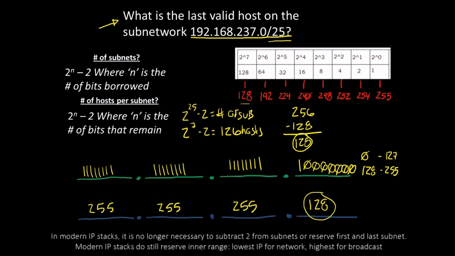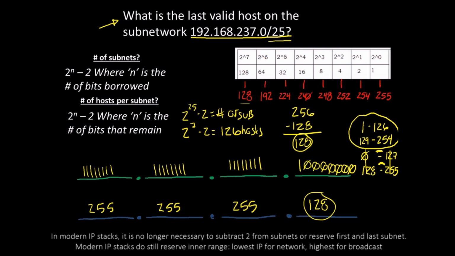Okay, so I know that my top and bottoms here are going to be reserved. This is actually going to be 1 to 126 and 129 to 254. Remember, you only use the insides that are here. So we now have the information that we need calculated out to solve this problem.